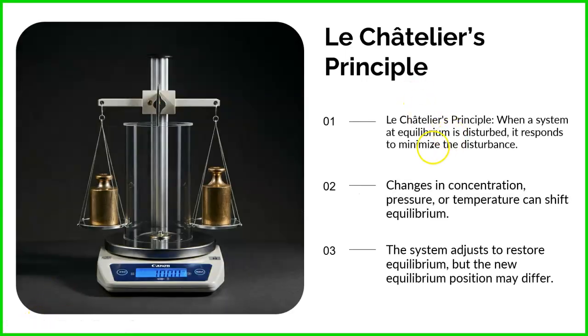Le Chatelier's principle, this is just kind of repeating again that when a system at equilibrium is disturbed, it responds to try to minimize that disturbance. Like it shifts away from that stressor. Changes in concentration, pressure, or temperature can shift equilibrium.